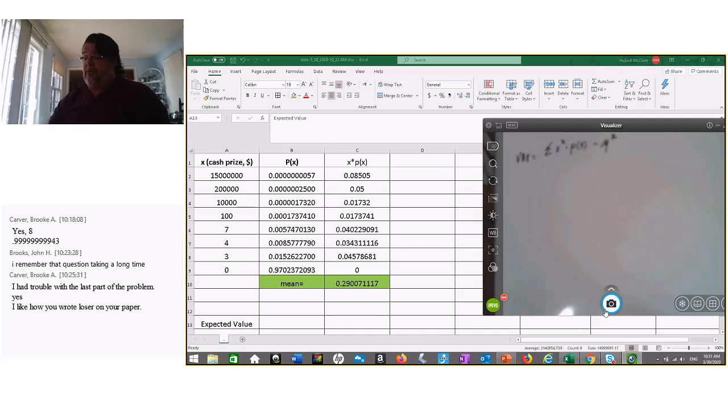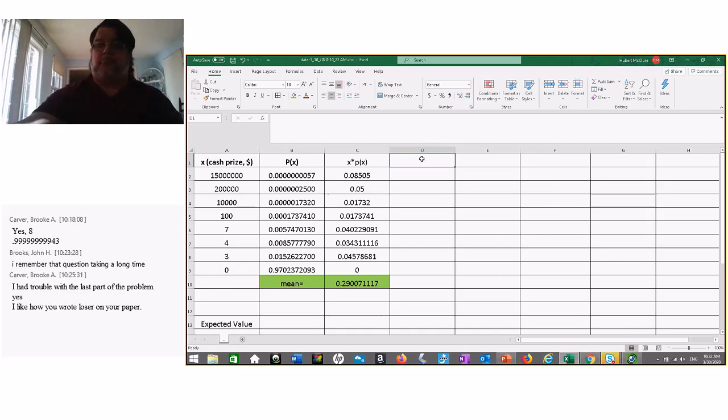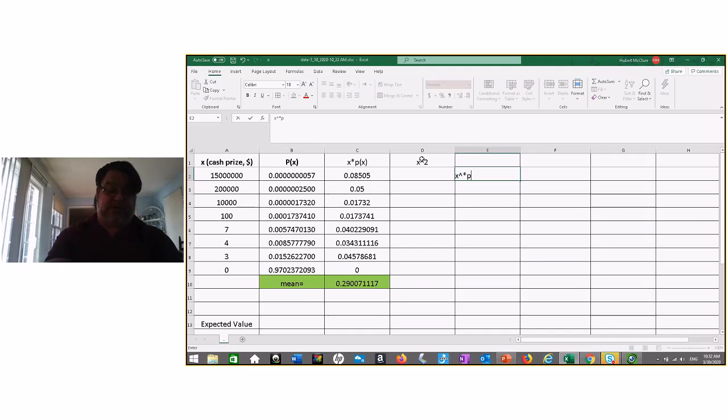I think that's the formula. In that case, we've got to take this guy, and I'm going to say x squared, and then this is going to be x squared times p of x.